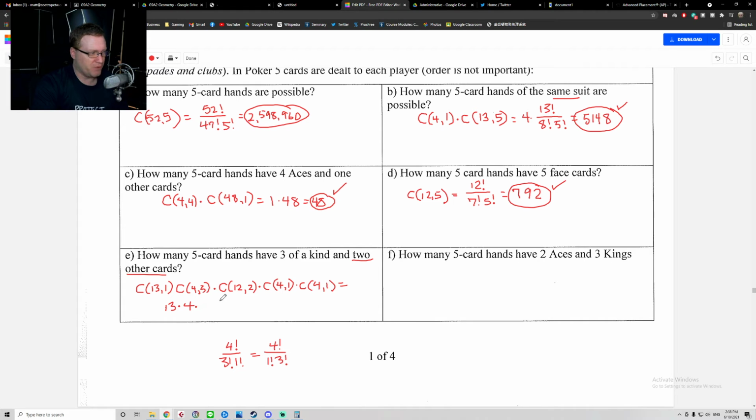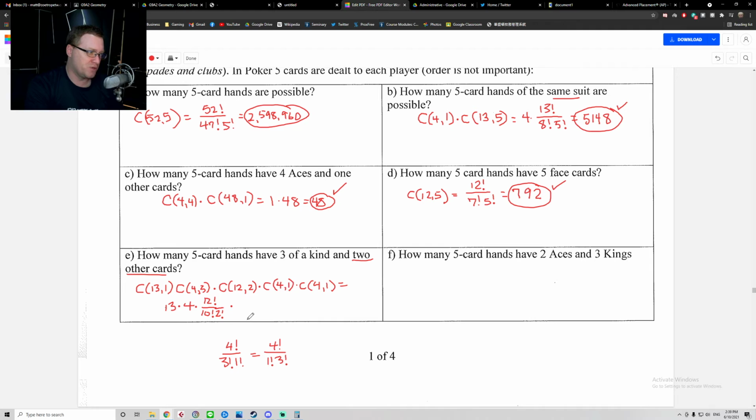All right? Then we need to do 12 choose 2. That's going to be 12 factorial divided by 12 minus 2, which is 10 factorial, and then also 2 factorial, all right?